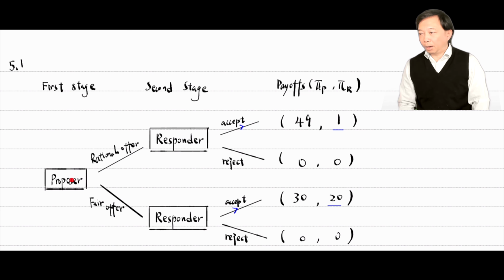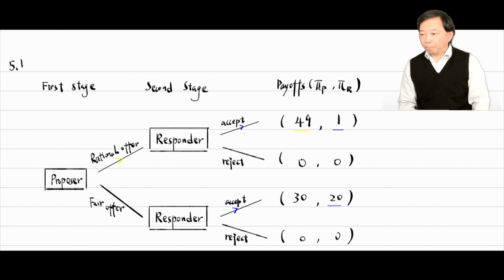If the proposer offers the rational minimum amount of $1, she knows the responder will accept it and she will have $49. If she makes a fair offer, she will get $30. She is better off making the rational minimum offer.